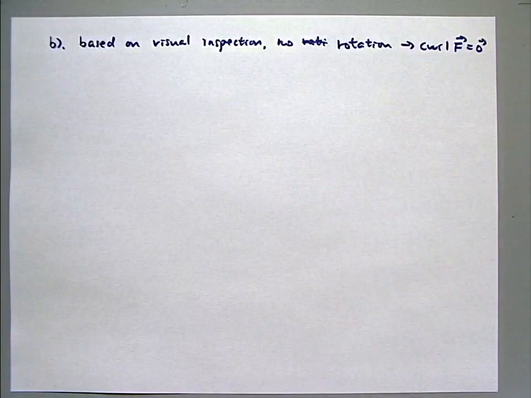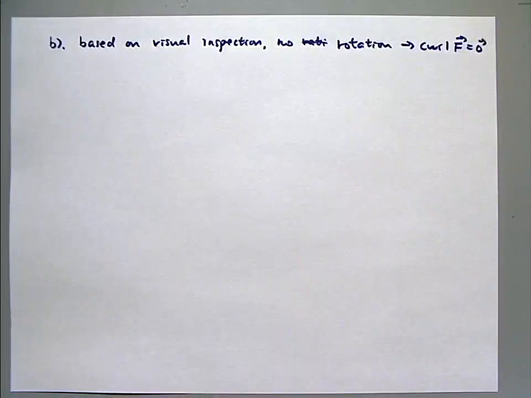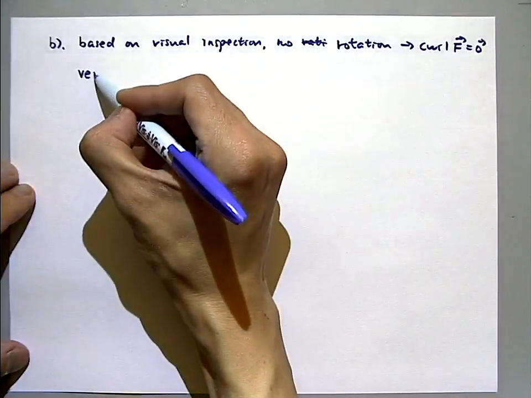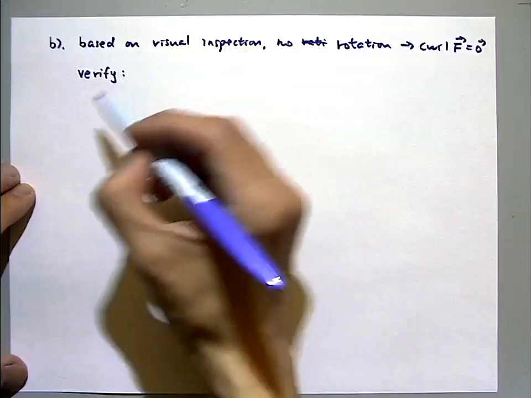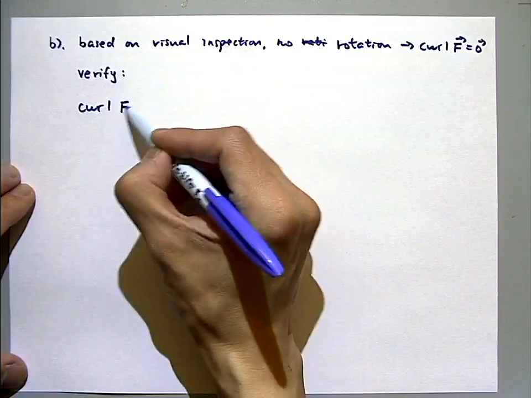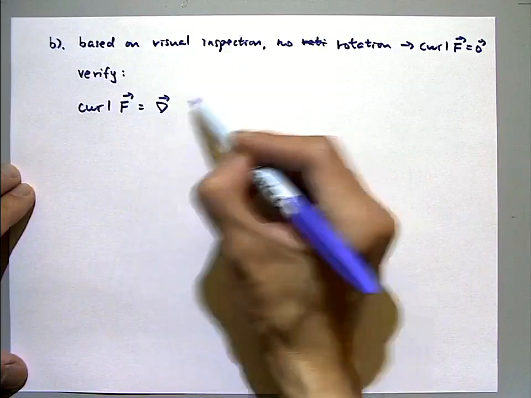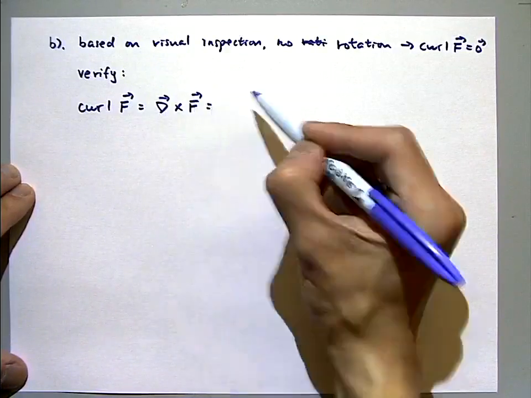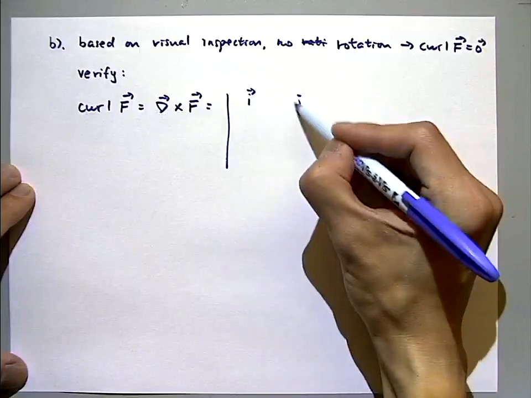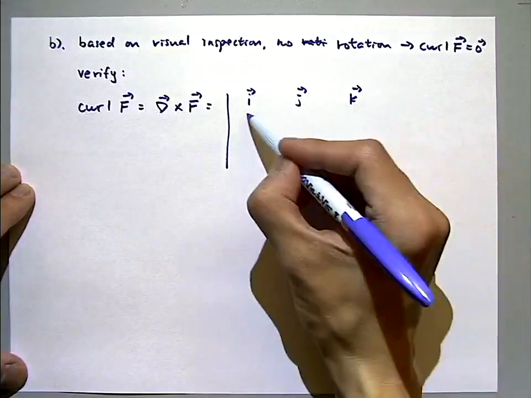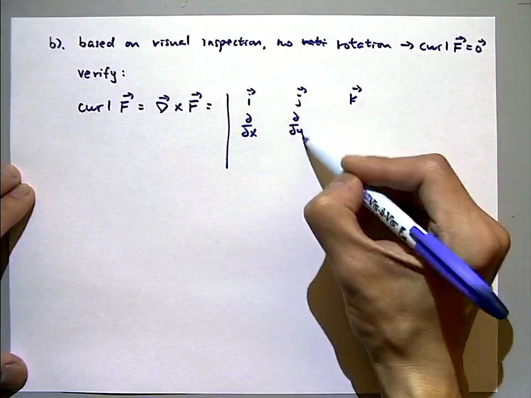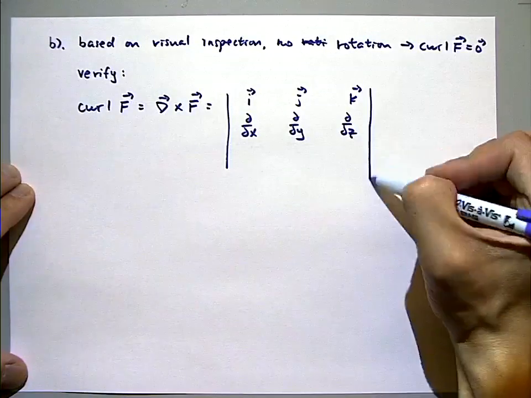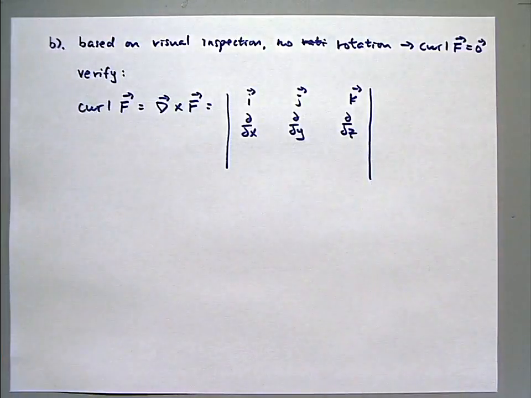Now we have to be very careful with the visual inspection here, because sometimes we're seeing a very small part of the field. So we can't always be certain that we're capturing the whole picture. But we can still mathematically verify what we think is true. So let's verify that. The curl of F is del crossed with F. Remember, we have a two-dimensional vector field here.